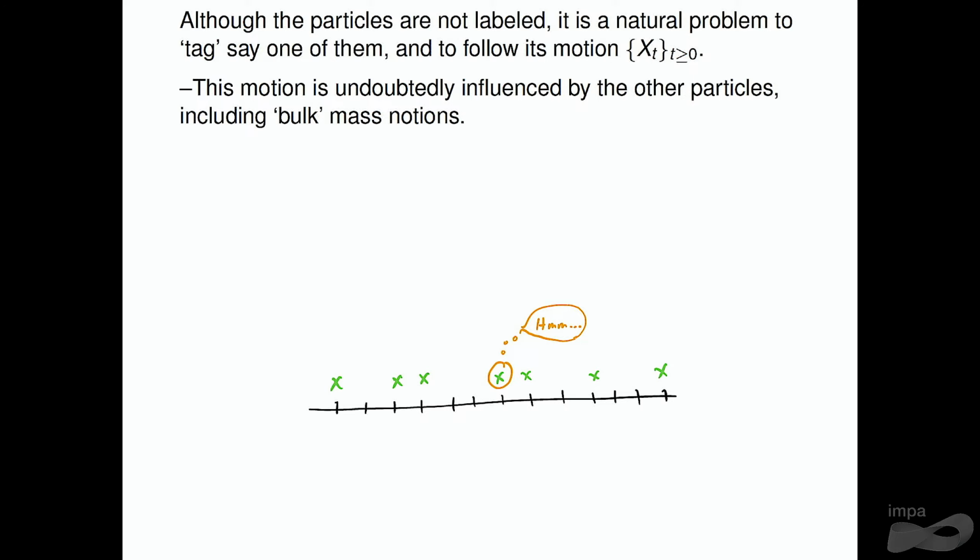So you can't immediately just follow it as a Markov process, but in some physical sense, we think of it as a random walk in some sort of disordered environment, and so it should have some homogenization.